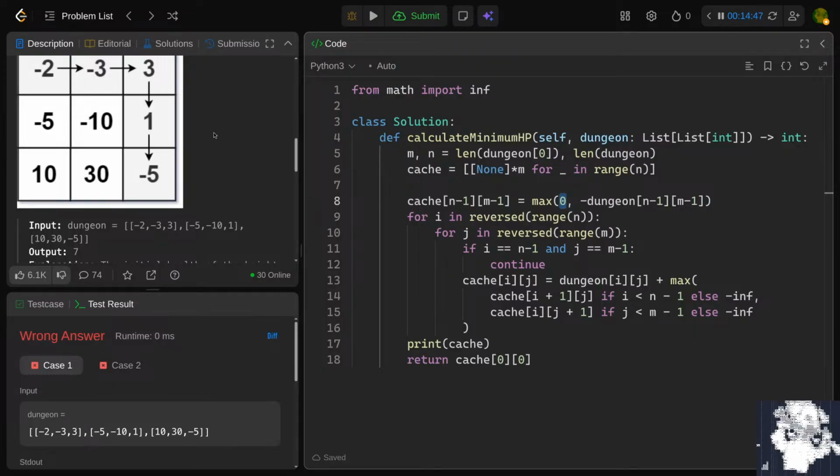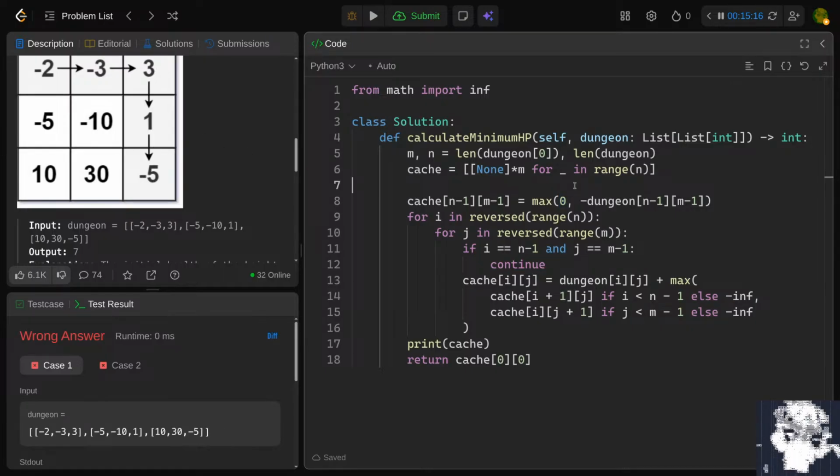And then the max of 0 and that. Wait. I'm getting confused between what HP does the knight need versus how much damage would they take if they went that way.